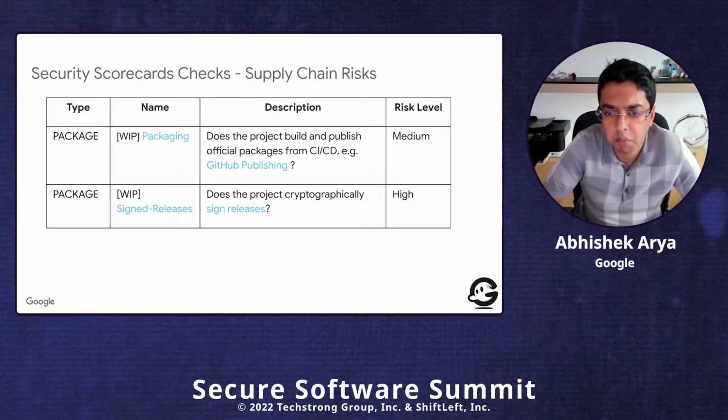For it, it's important to cryptographically sign releases and have a way to verify those. We have some basic checks in Scorecard right now to check for signature files in GitHub releases, but we are currently working on making this really proper with Sigstore verification. This should come in the coming months, and we are also working with package managers to standardize this release process.